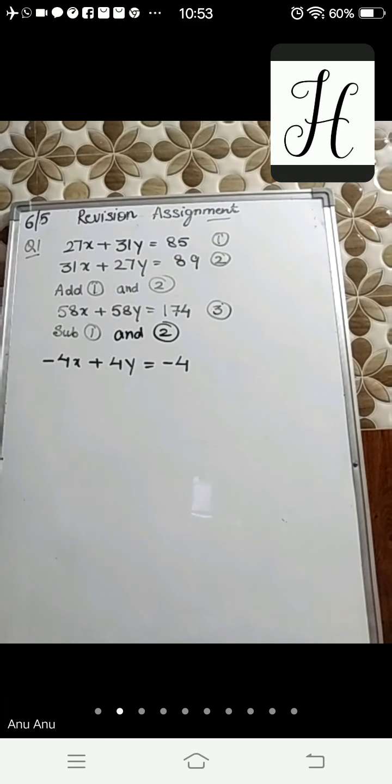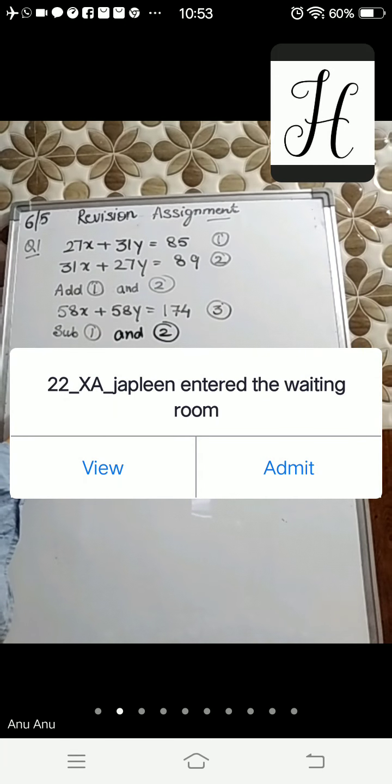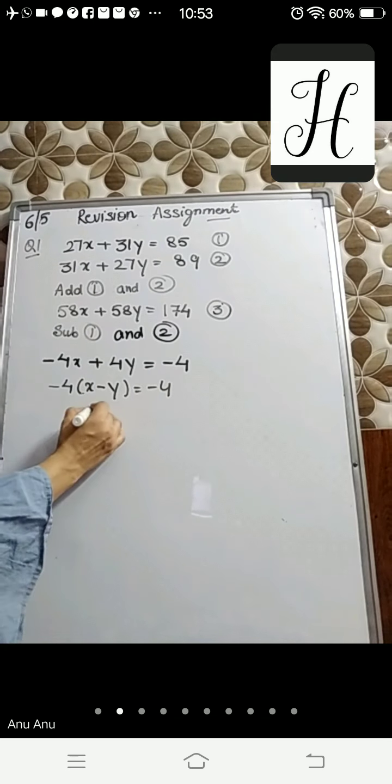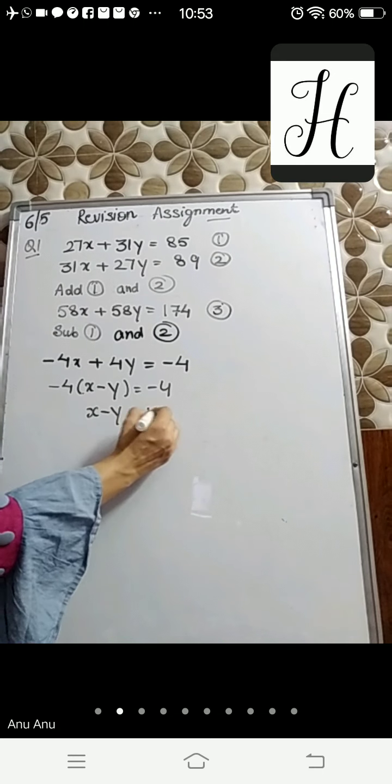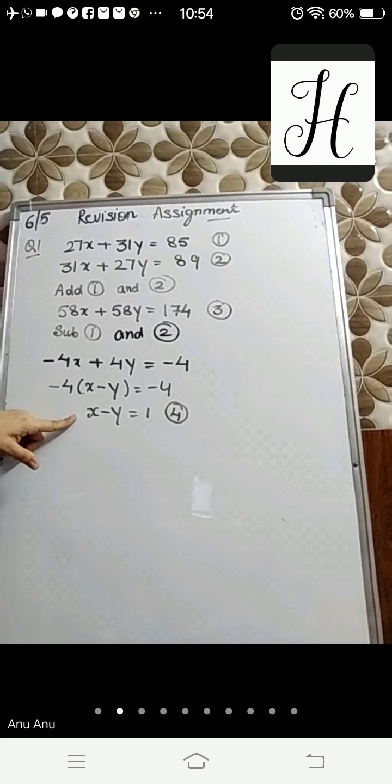So we have got this. Can I take 4 common? You can take minus 4 common as well if you want. Take minus 4 common, this is x minus y is equal to minus 4. So minus 4 cancels out. x minus y is equal to 1. This is your equation number 4. This is your third equation, this is your fourth equation.